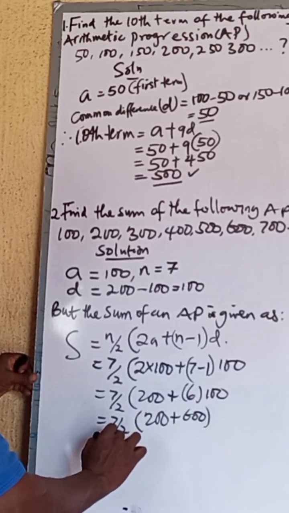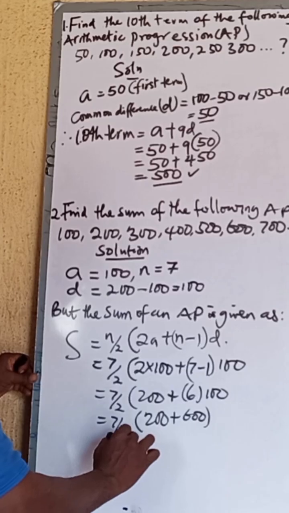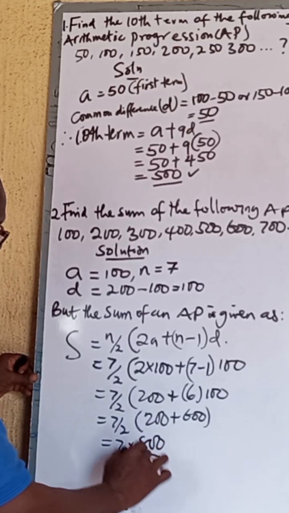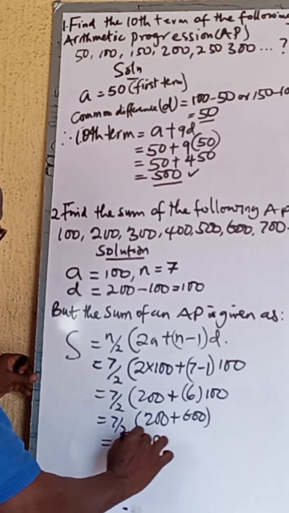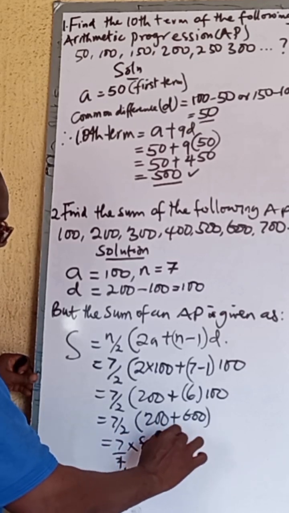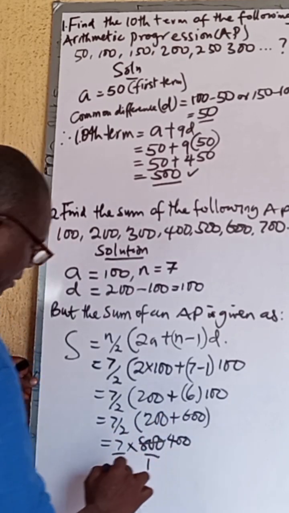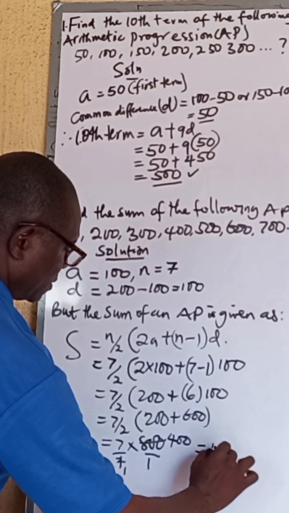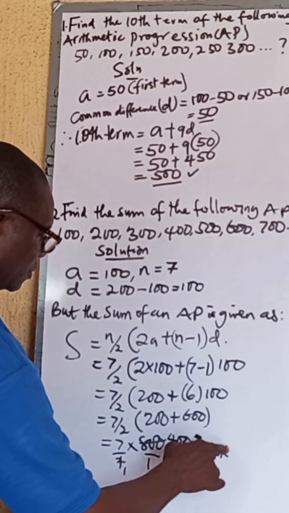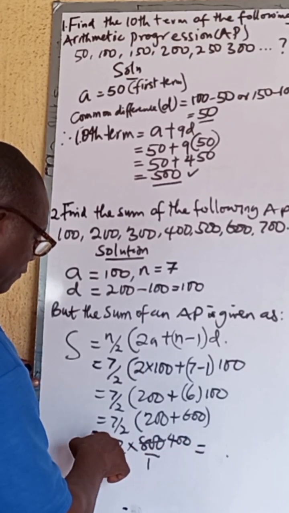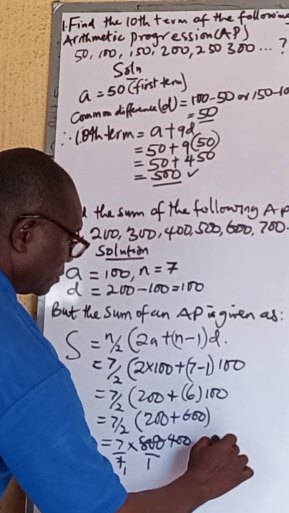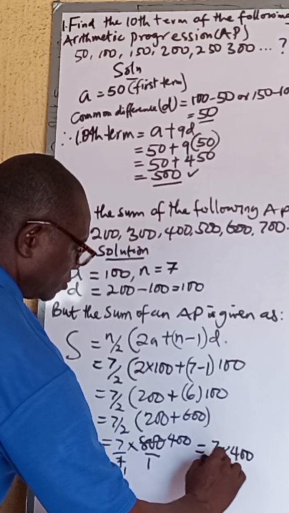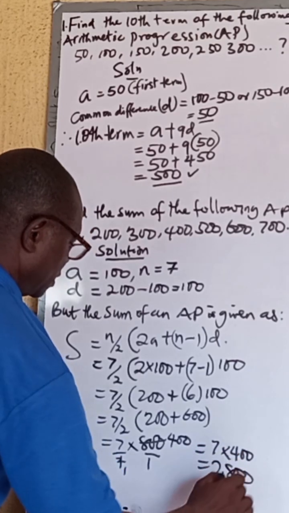So you're going to have 7 over 2 times 800. 2 into 800 will give you 400. So this implies 7 times 400, which is equal to 2,800.